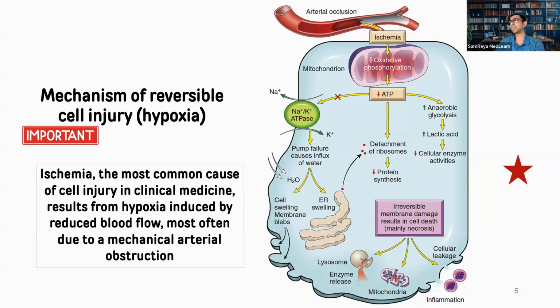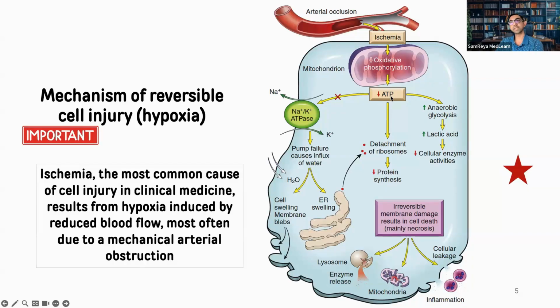What do these help with? Why do we need these? They help with protein synthesis in the cell. So if the ribosomes aren't functioning because of lack of ATP, protein synthesis in the cell fails. This protein synthesis is shown as this red down arrow, which again means the level of proteins is going to be low in the cell. So the cell stops making proteins now.